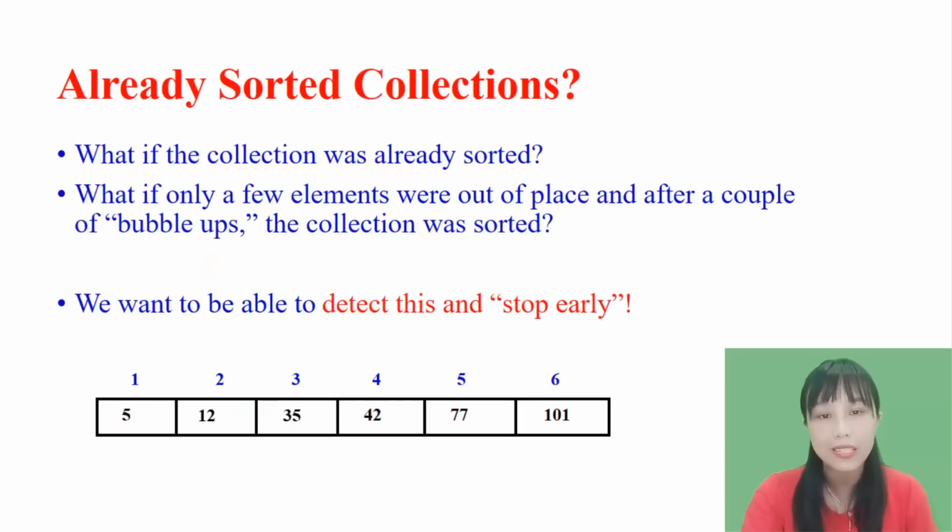Already sorted collections. What if the collection were already sorted? What if only a few elements were out of place and after a couple of bubble ups, the collection were sorted? We want to be able to detect it and stop early.